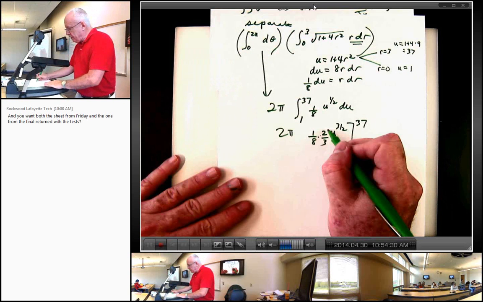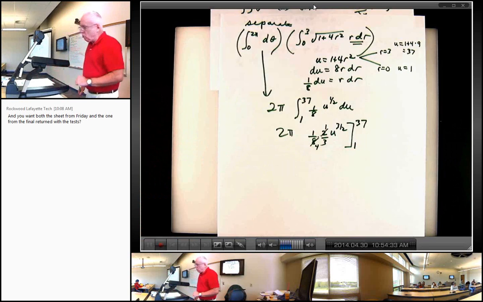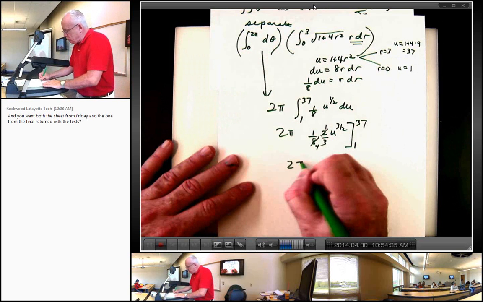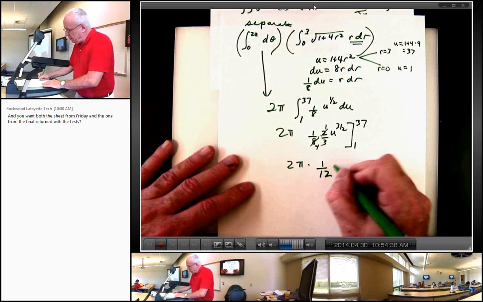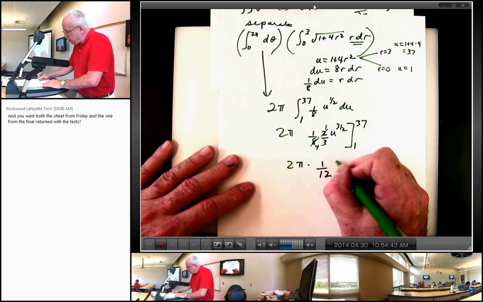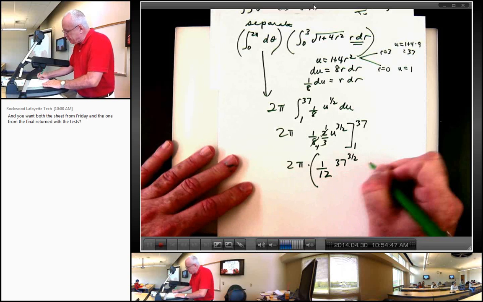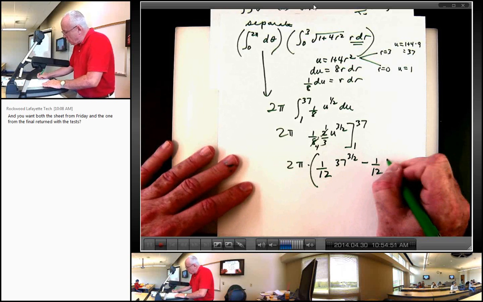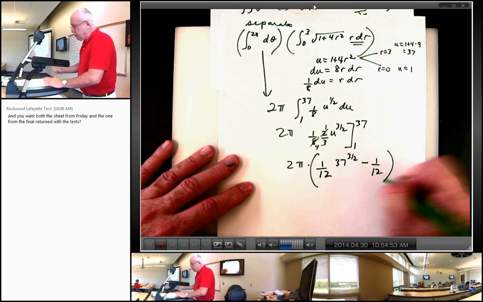Let's simplify this as 1/4 times 1/3, so it's 2 pi times 1/12, times 37 to the 3/2 power minus 1 to the 3/2 power, which is just 1.